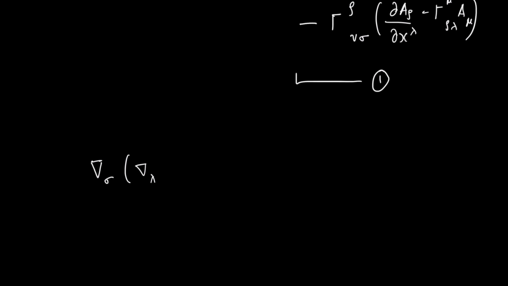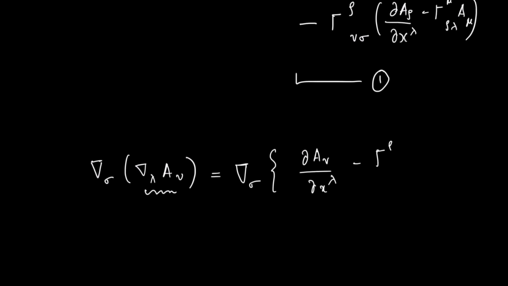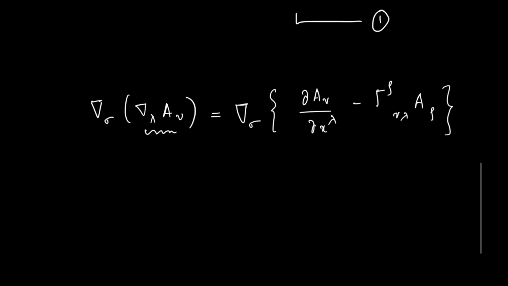So I am going to write the covariant differentiation of A nu. This will be equal to the covariant differentiation of, now I have to expand this one, that is, the partial derivative of A nu with respect to x lambda minus Christoffel symbol rho nu lambda A rho.